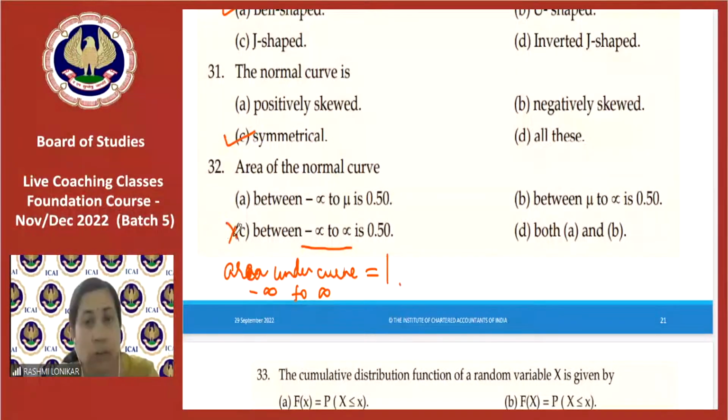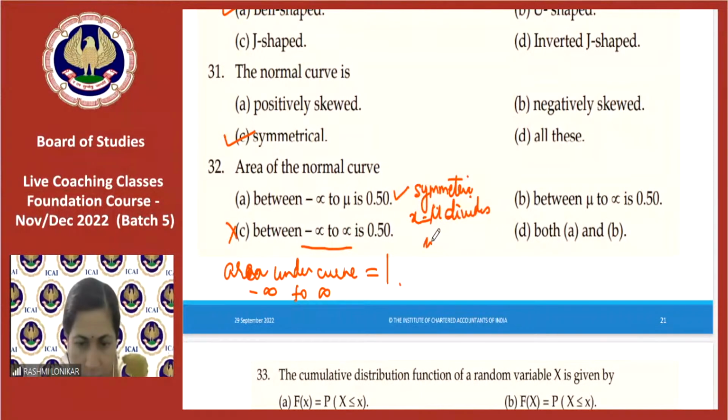So C is already gone. Now A, B and D. What are they saying? Minus infinity to mu, it is 0.5. Is this correct? Yes, this is correct. Why are we saying that? Because the curve is symmetric and the line x equal to mu divides it into two equal parts.